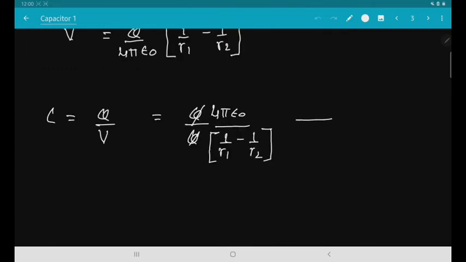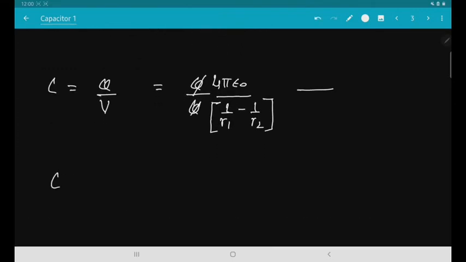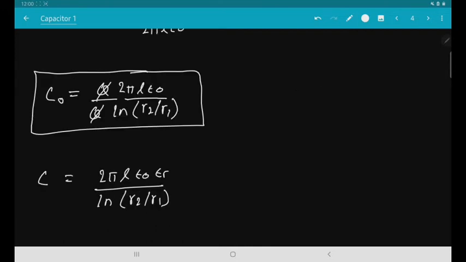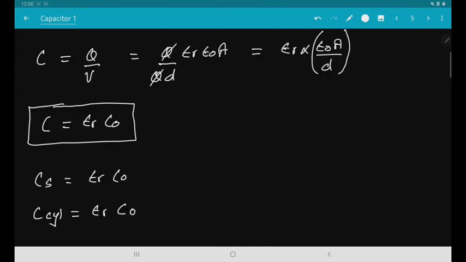Same way for spherical capacitors, we will have 4 pi epsilon naught into epsilon r divided by 1 by r1 minus 1 by r2. So the equation gets changed by multiplication by epsilon r, which is the relative permittivity. As we know, the relative permittivity is equal to the permittivity of the medium divided by the permittivity of free space.